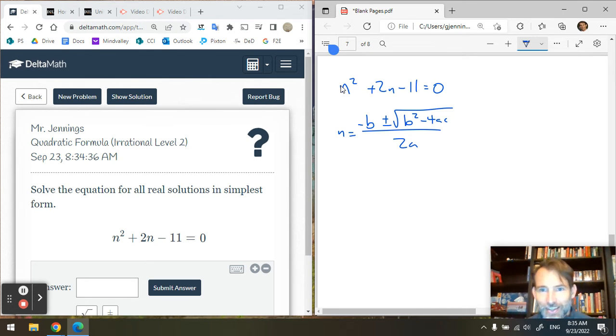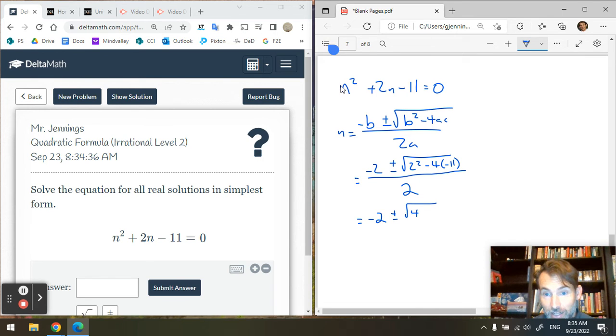Almost got it. All right, and then we have negative 2 plus or minus the square root of 2 squared minus 4 times a. A is 1, so minus 4 times c, which is negative 11, all over 2, because a is 1, so I'm just going to write 2, okay, equals negative 2 plus or minus the square root of 4 plus 44. This is root 48.